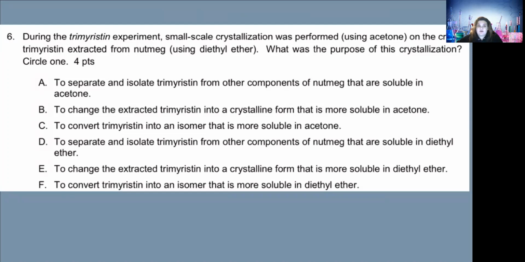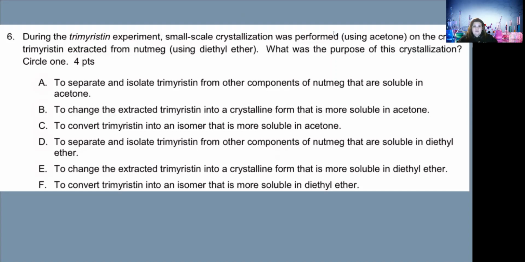What was the purpose of using the acetone and the diethyl ether? The first answer says to separate and isolate trimyristin from the other compounds of nutmeg that are soluble in acetone. Now we can only choose one answer, so we have to pick the best one. It's okay-ish, I guess. We do use the acetone for that, sure.